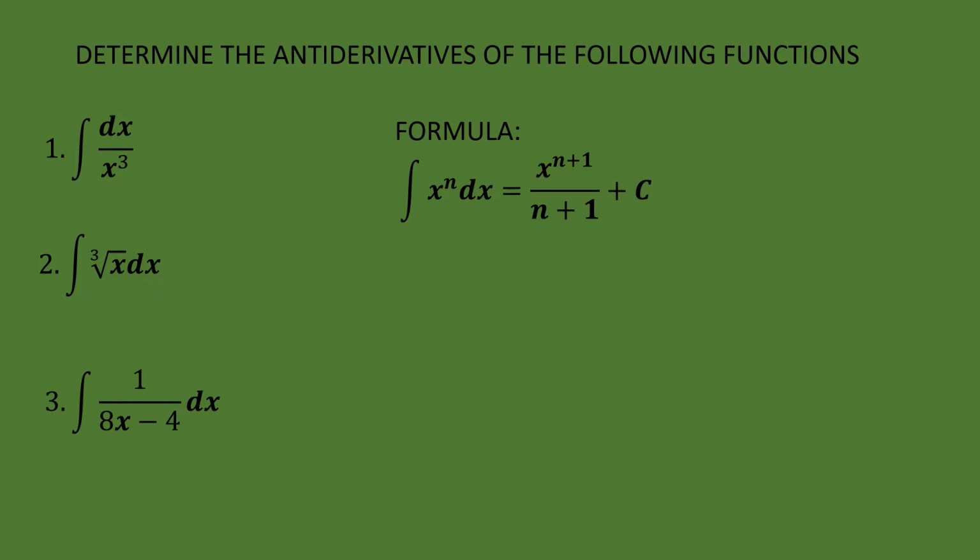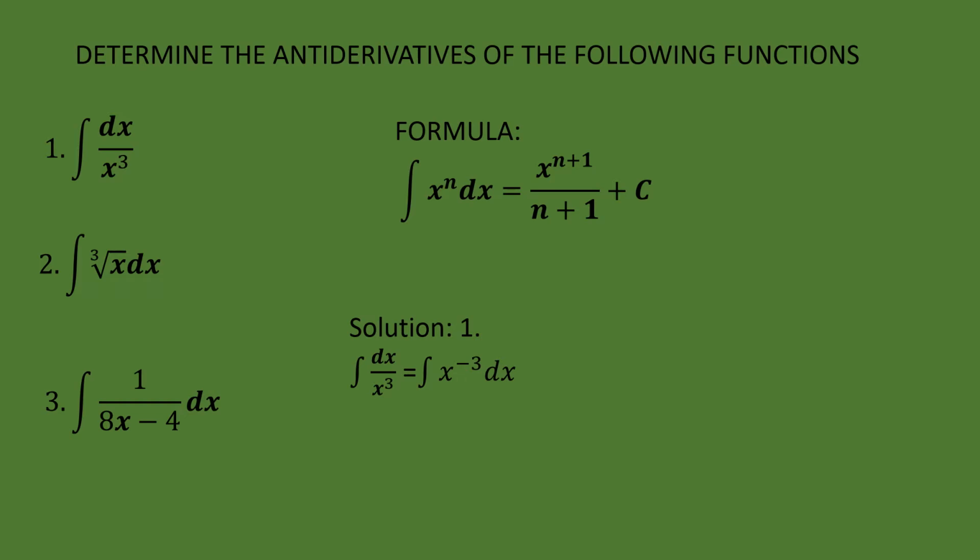Okay, solution for number 1, we have the integral of dx over x cubed. To apply this formula, we have to rewrite the function 1 over x cubed as the integral of x raised to the power of negative 3 dx, using the laws of exponent for negative exponents. Then we can now apply the formula.